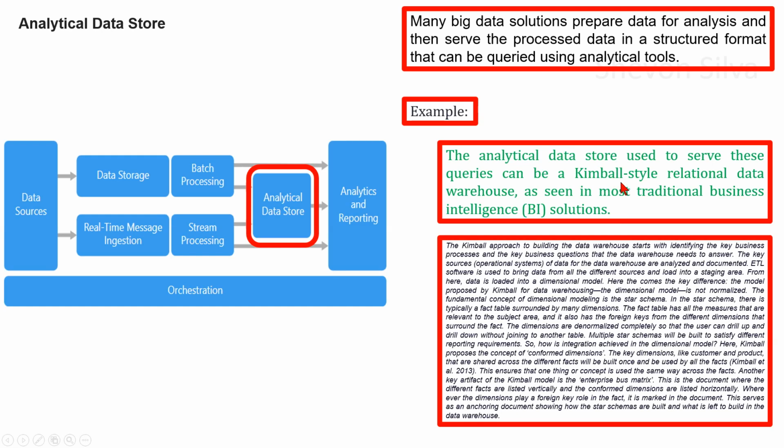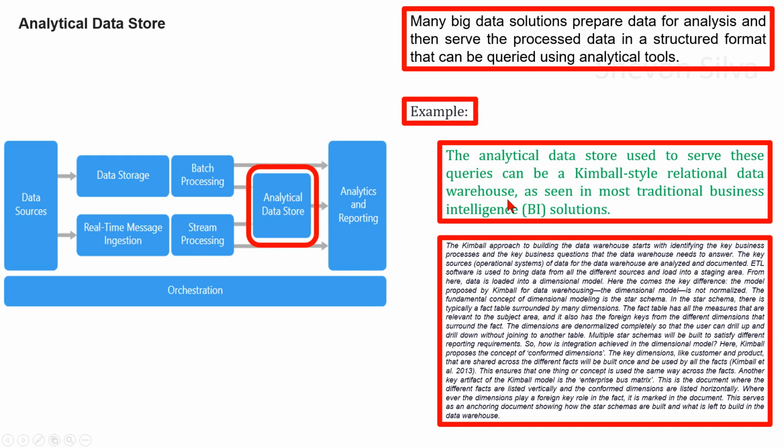The Kimball approach to building the data warehouse starts with identifying the key business processes and the key business questions that the data warehouse needs to answer. The key sources, operational systems of data for the data warehouse, are analyzed and documented.